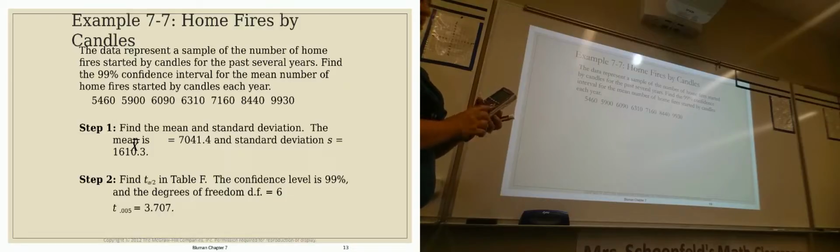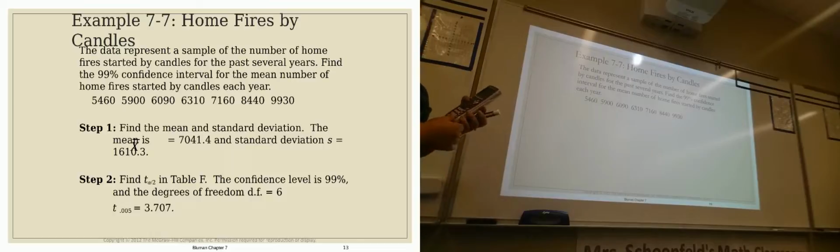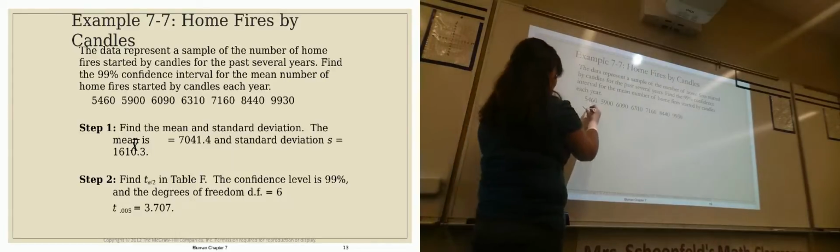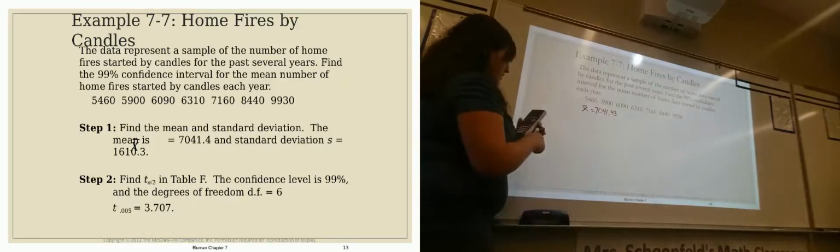Stat, calc. I want 1-Var Stats, since one variable is all I typed in. My list is L1, calculate that. It tells me my x bar is equal to 7041.43.